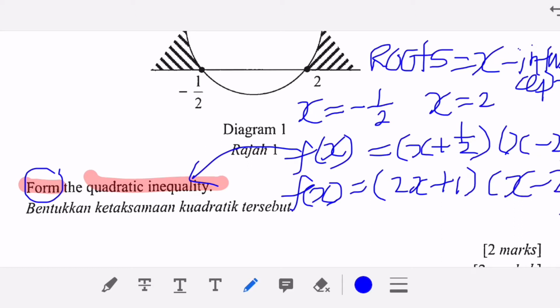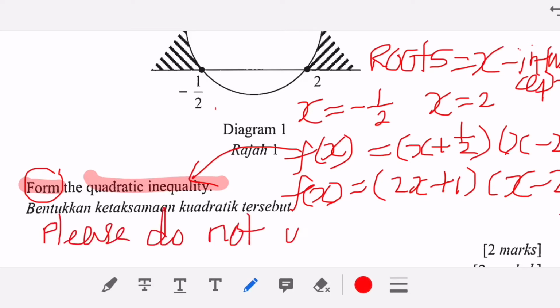Okay. Now you look at the shaded region. The shaded region means that the y is positive, right? The y is actually your function, the function is your f(x). So when you shade above the x-axis, that means the f(x), which means your y, is positive.